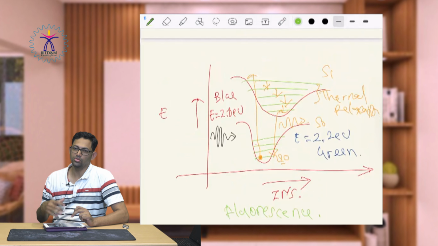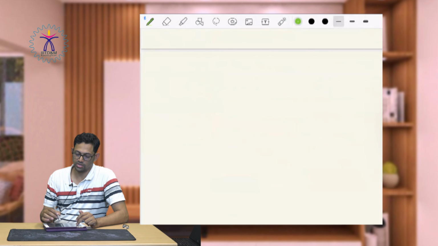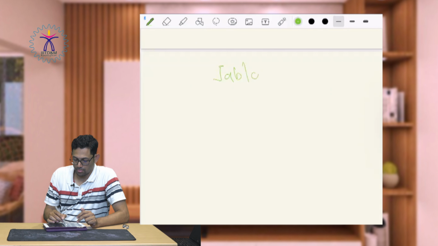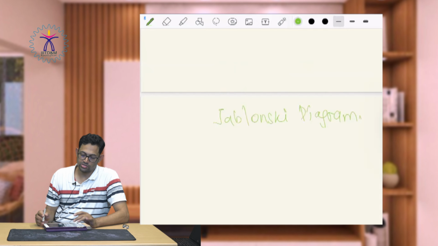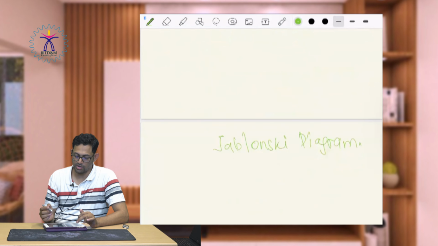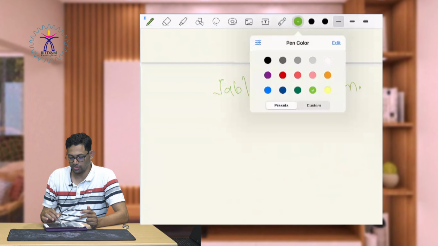Now, similar to this energy band diagram that we are drawing, there is an alternate approach to draw the same thing, and that is known as the Jablonski diagram. This is what you would actually see in most places. It is very much similar to the energy band diagram, just the representation changes.